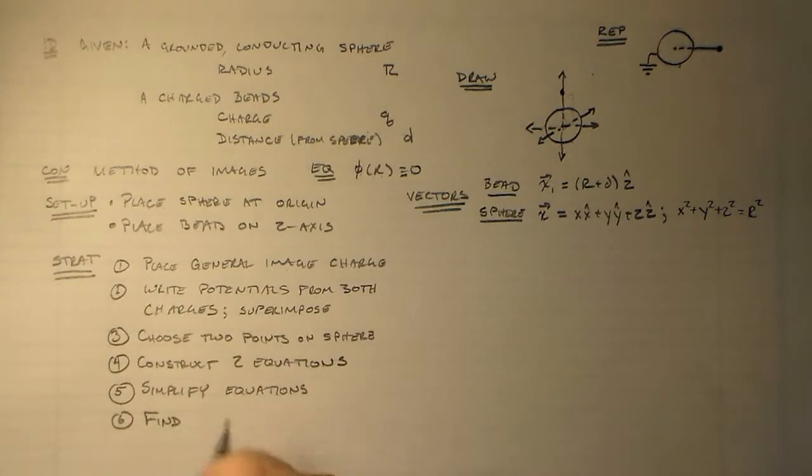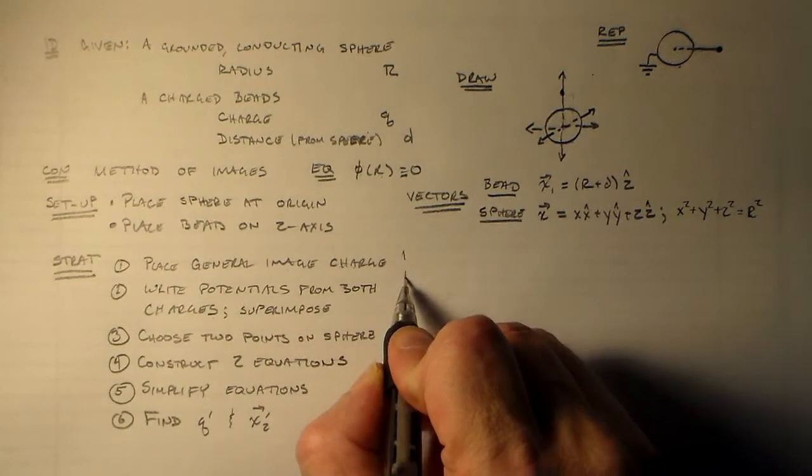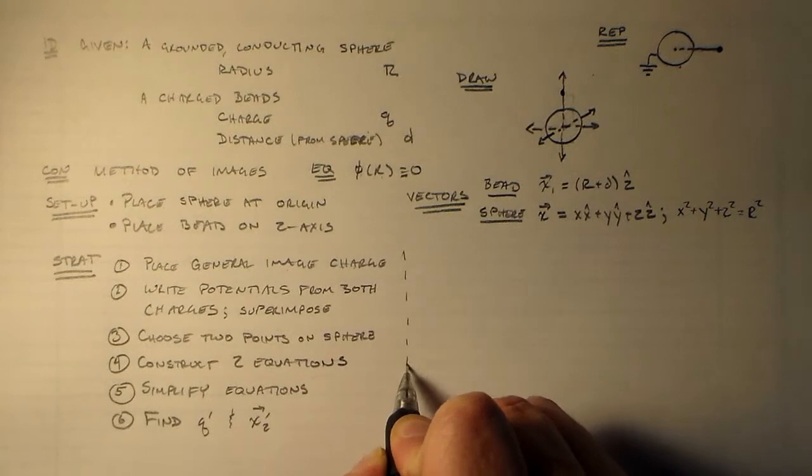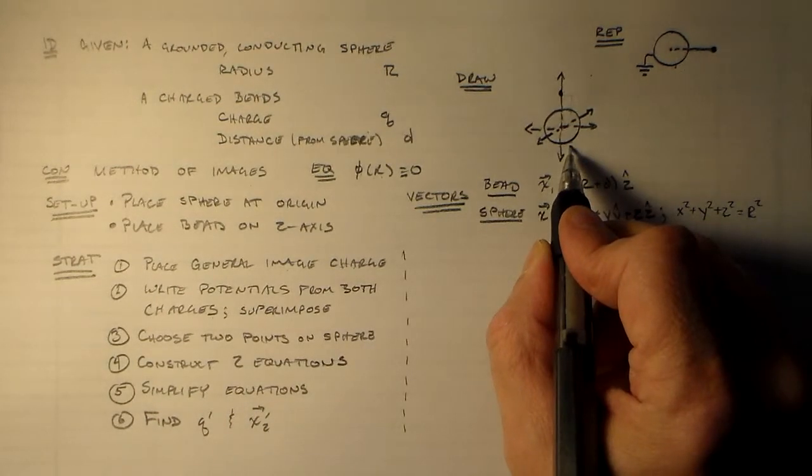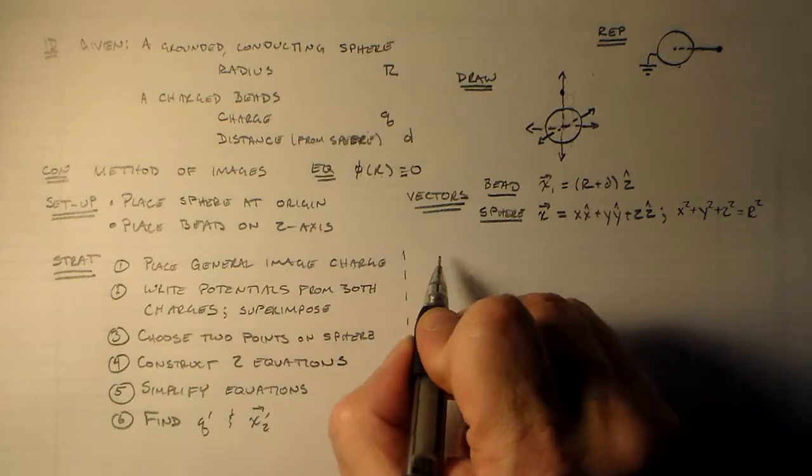We'll find Q prime and x2 prime. It's really x2. We don't need the prime, but hey, let's keep them all together. So that's task 1. Task 2 is going to be to use these to find the charge distribution on the sphere.